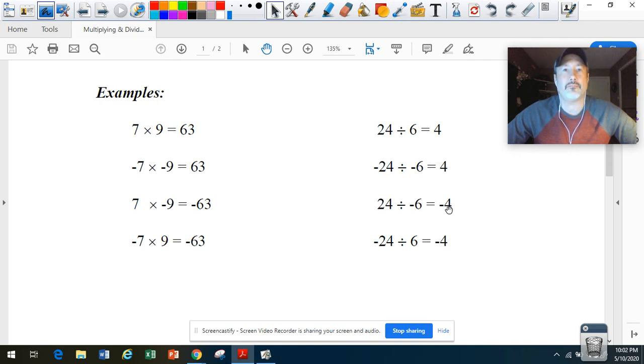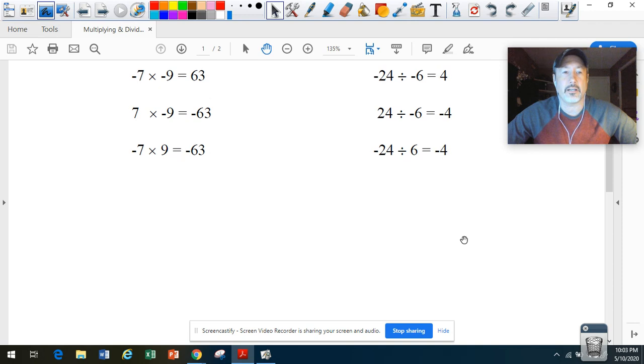Answer is negative 4. Same thing over here. I got a negative now times a positive. So negative 7 times positive 9 equals negative 63. So signs are different, equals a negative. So negative 24 divided by positive 6 equals negative 4. Very, very good here.